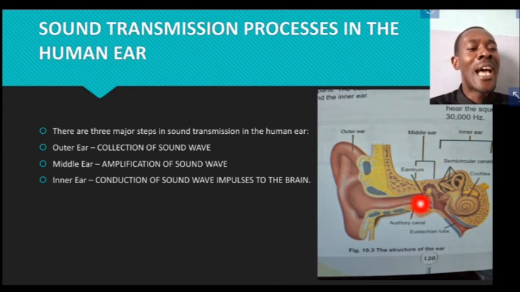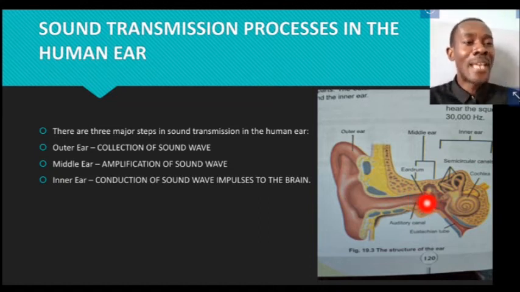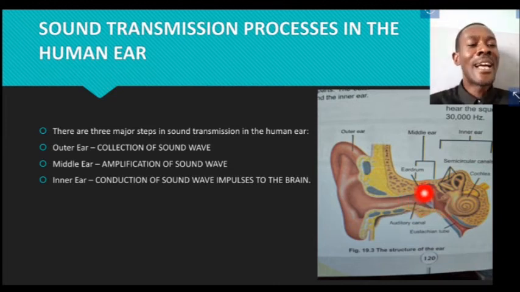The middle ear is made up of little bones called ossicles, and a cone-like shaped object known as the tympanic membrane. The tympanic membrane, as you can see, is joined to the ossicles here. Now, what is the function of the middle ear?